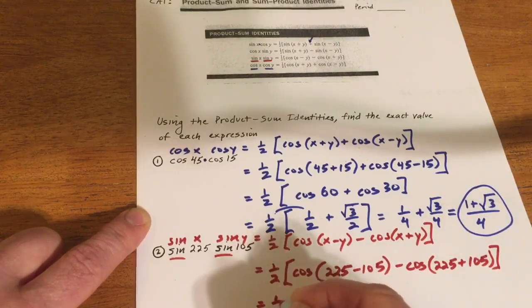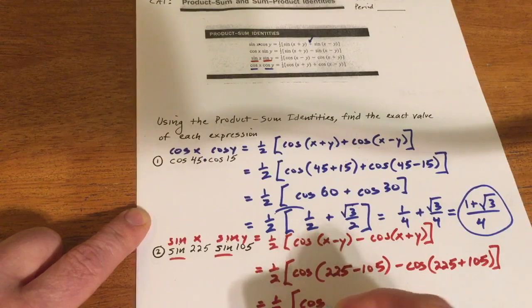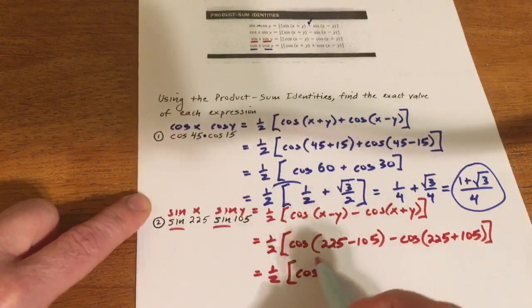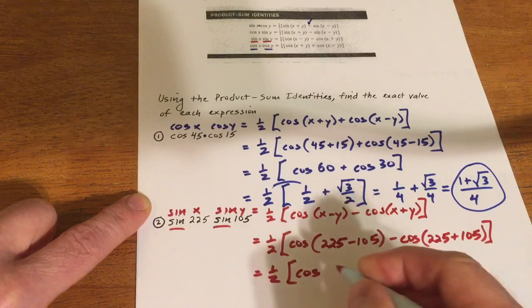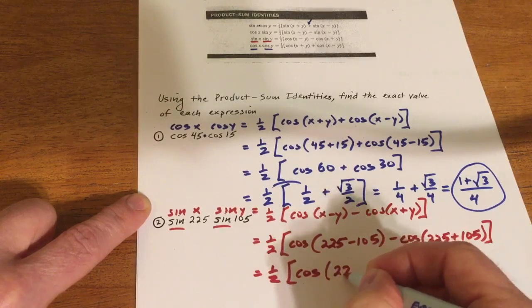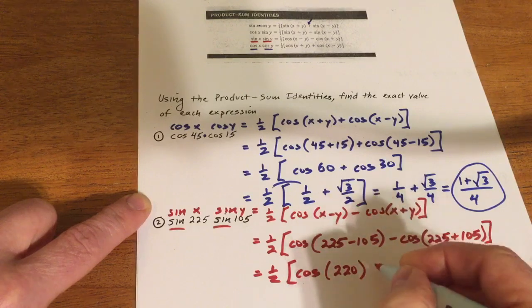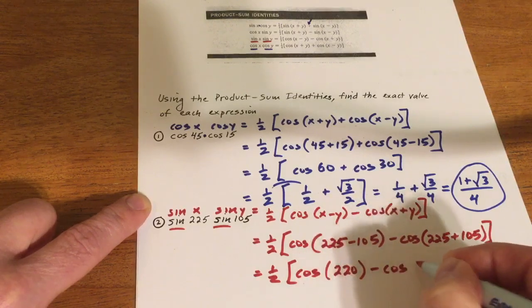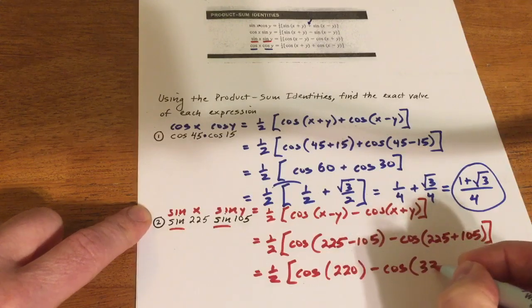Next step, do what's inside parentheses, so we're going to get cosine. When we subtract here, we're going to get 220 degrees minus the cosine of 330 degrees.